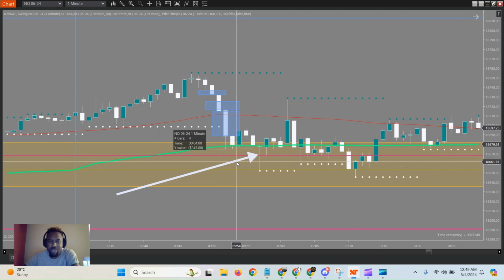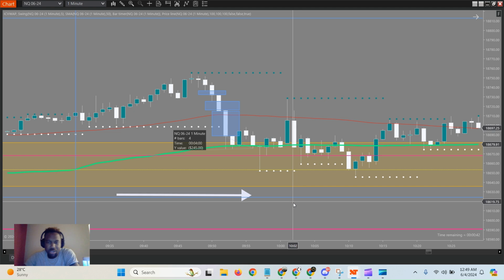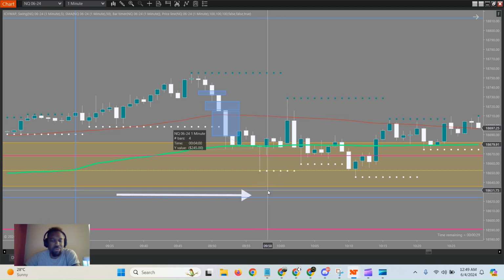If, for example, price is here at this area when the market opens, this one's going to be pretty tough to choose. That's why we use the market structure and fair value gaps to help us determine which one is probably a better setup.